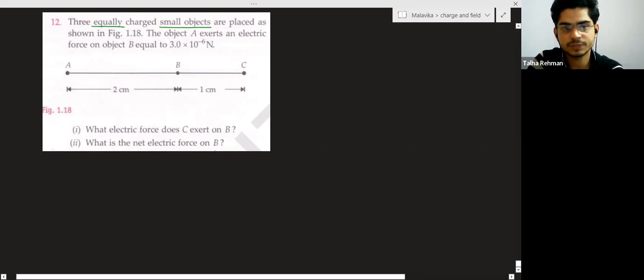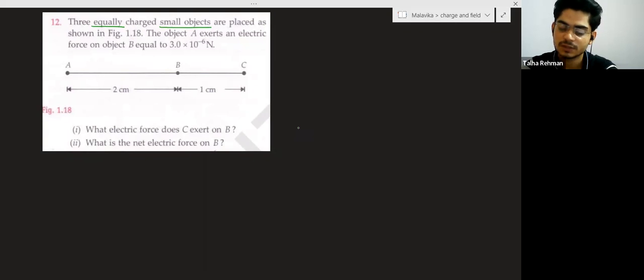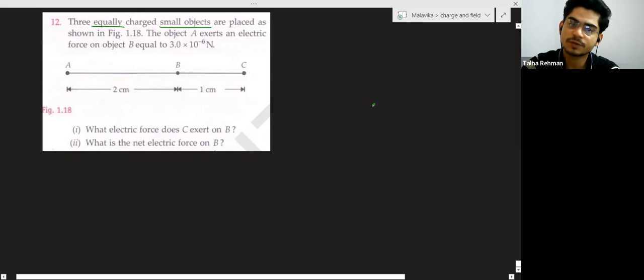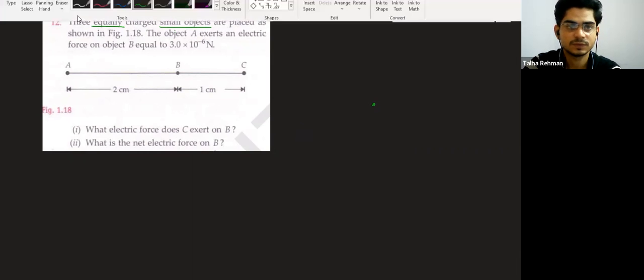Here an object is placed, and here and here, at points A, B, and C. This is the object A. These small objects have some charge, so we can say these are point charges. This is the small object and it has charge, like we have discussed.